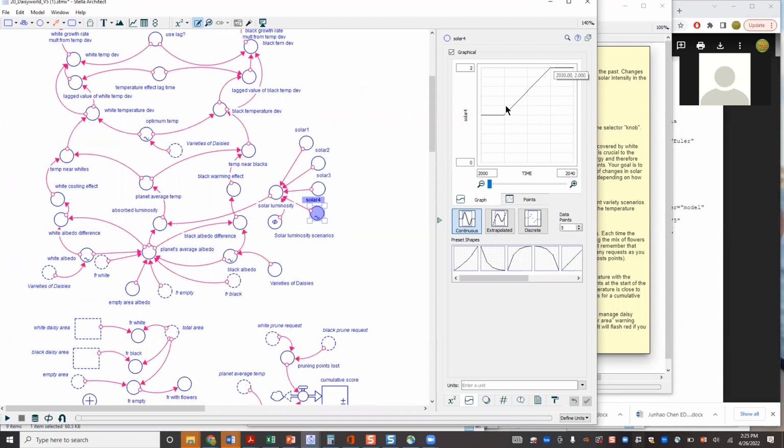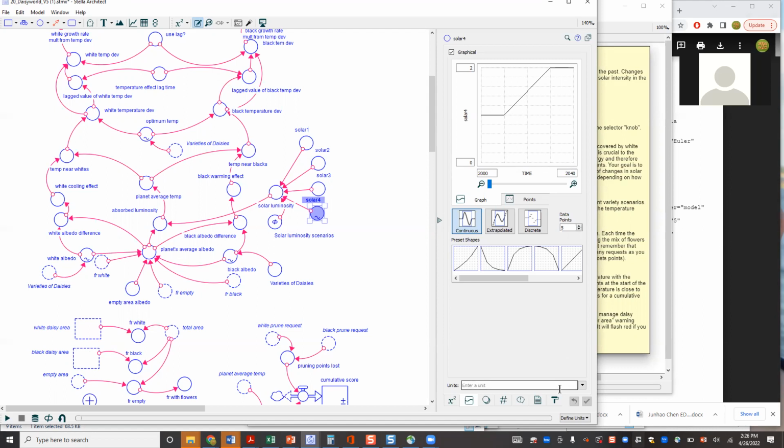Instead of one big jump up to some other temperature, it increases continuously up until, I guess, probably 2030. So from 2010 to 2030, the light energy is getting more and more intense every year.